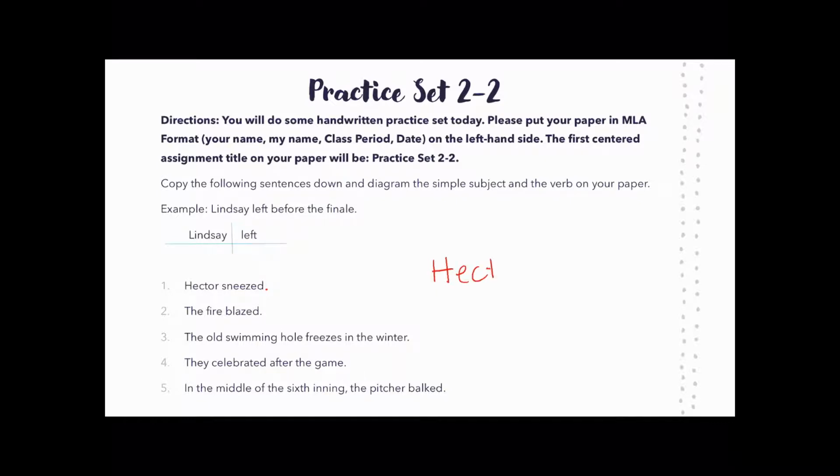Hector sneezed. All right. So go ahead and pause me, write down the next 2 through 5 sentences, and then diagram each sentence. Okay? Pause me, and I'll see you in the next slide.